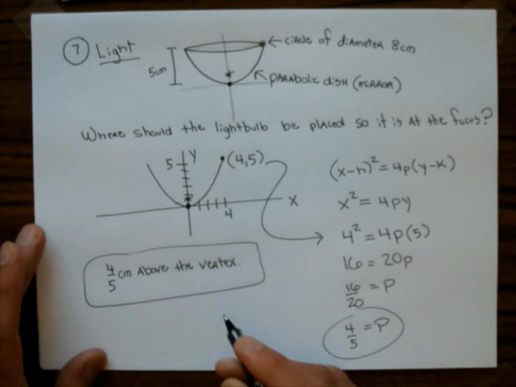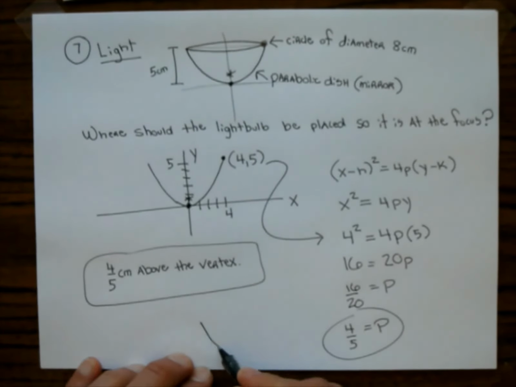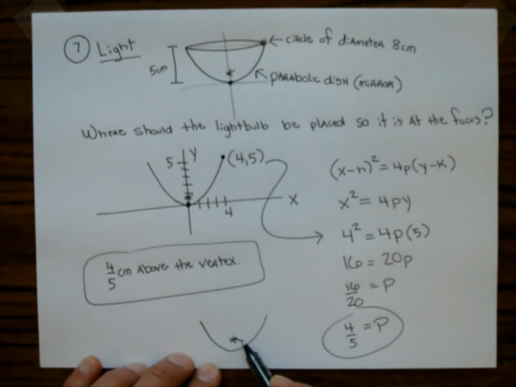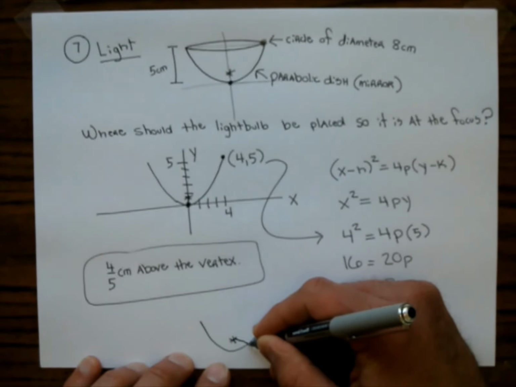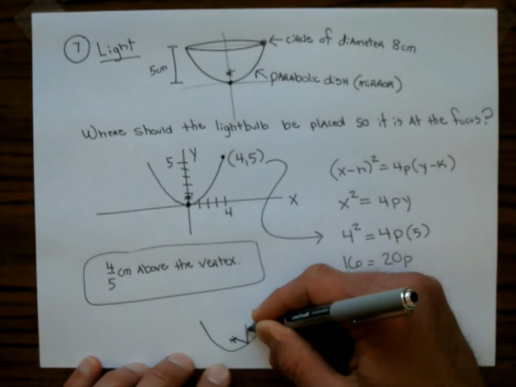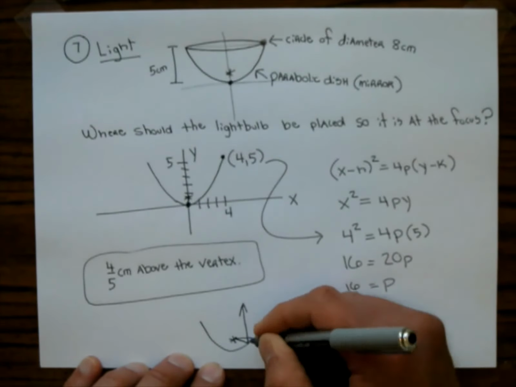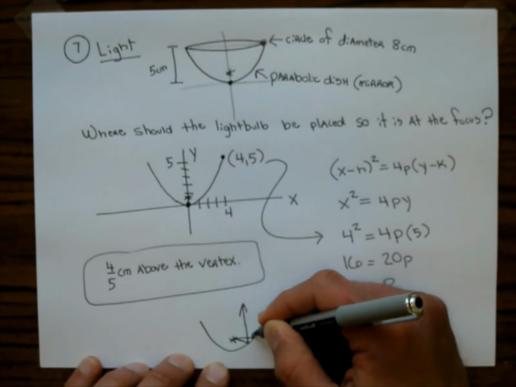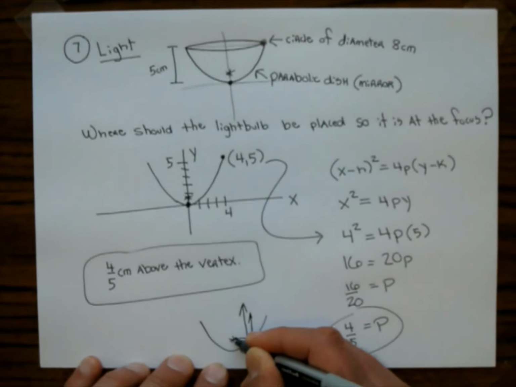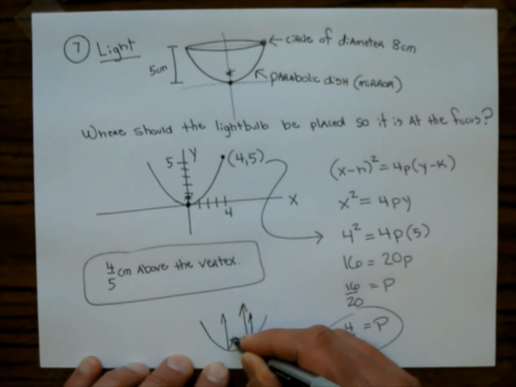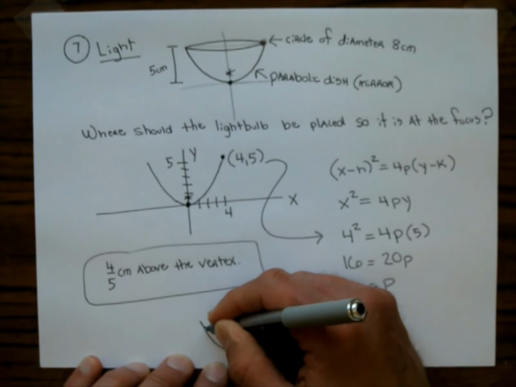There's the answer. Now the whole rationale behind that is you have the focus here, and when the light goes on, because of the way the parabola is, the light's going to go like this and bounce straight. So if it went over here, because of the curve of that parabola, it's going to go like this, and like right here, and like right here. You don't have to draw this picture.